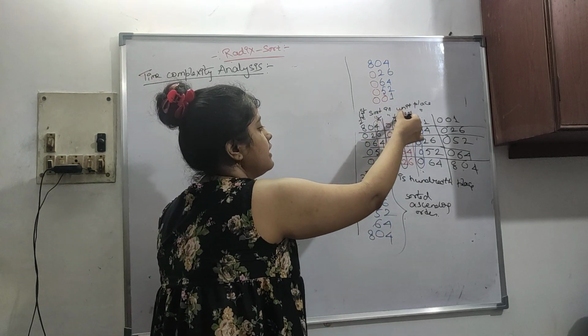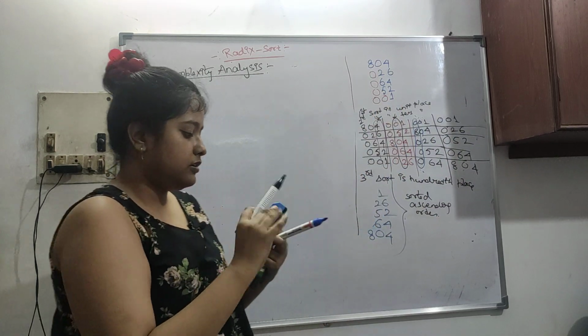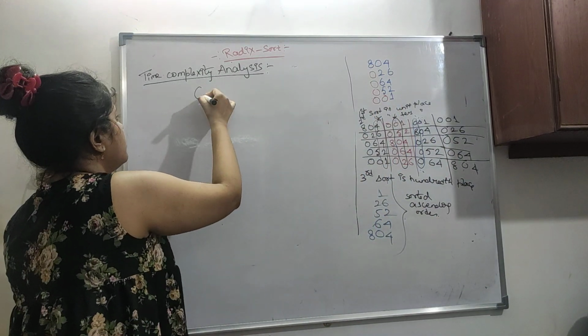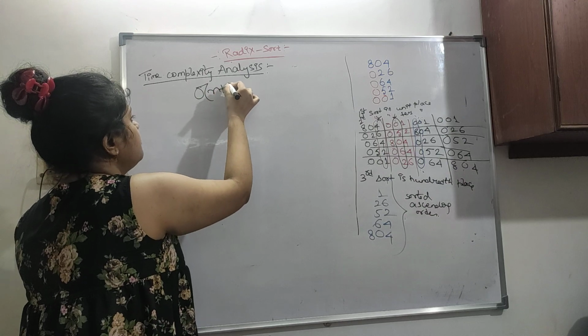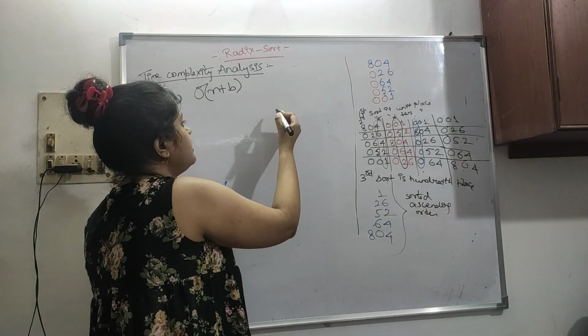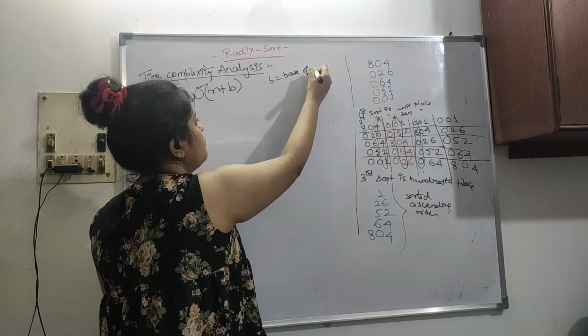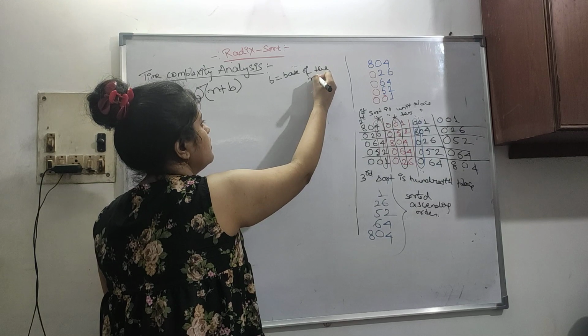Now applying for the second time, the two digit numbers are sorted. Like this it will go on. So it will take order of n plus b. Here n is the number of elements and b is the base of the number.